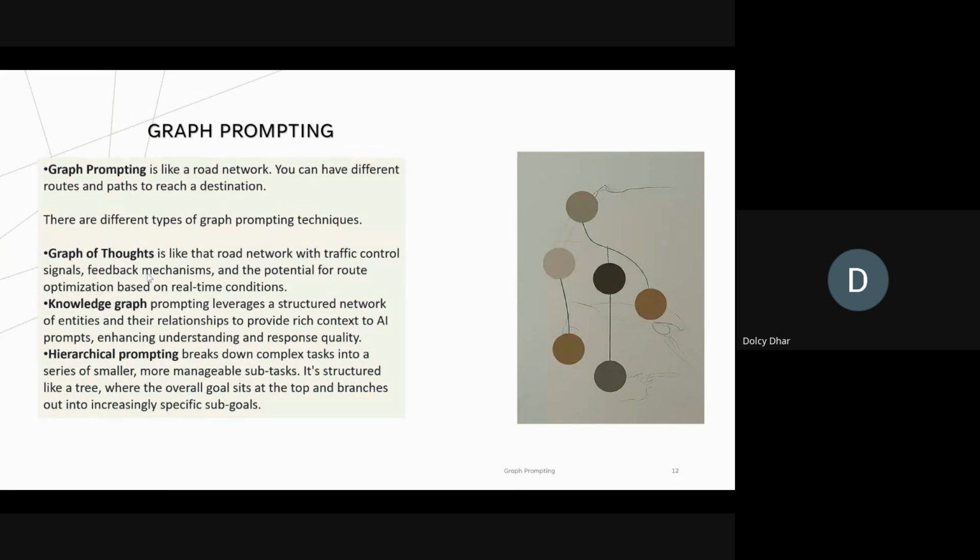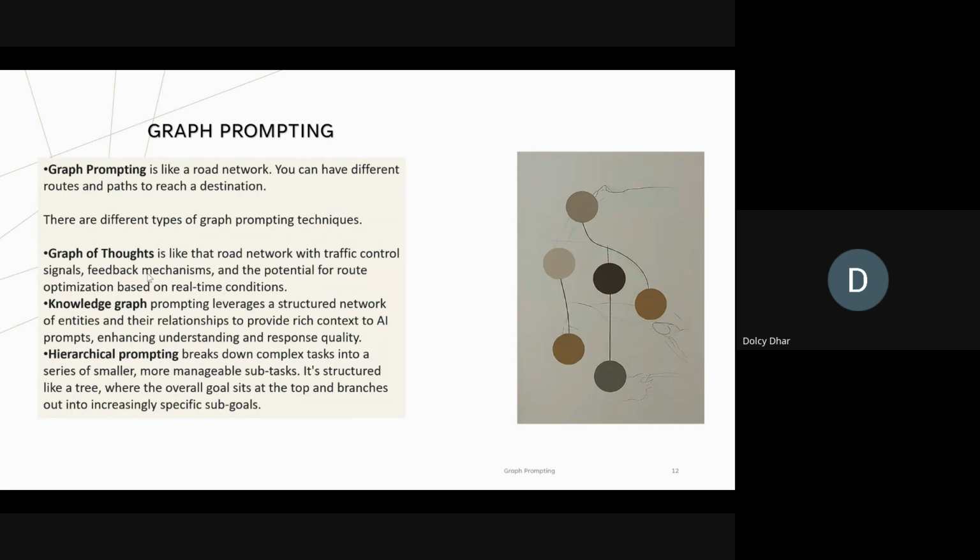As we go forward, we'll see how graph of thoughts is implemented in multiple frameworks. Knowledge graph prompting is again divided into two types, where either you're leveraging an existing knowledge graph, or you're creating a knowledge graph out of information that you have, and leveraging that. Somewhat similar, it's just an extra step in processing data.